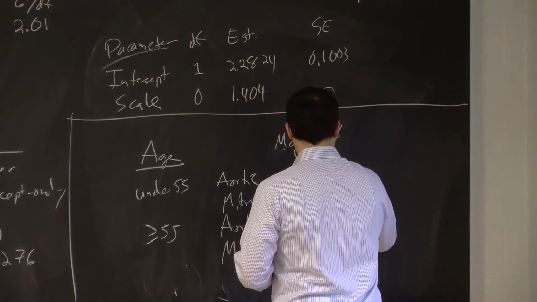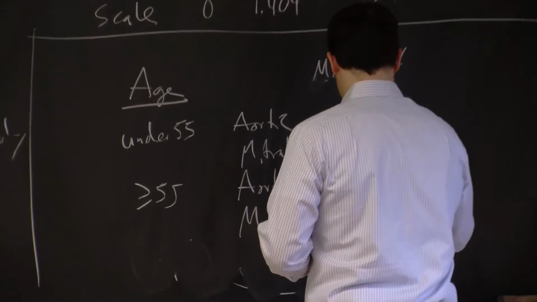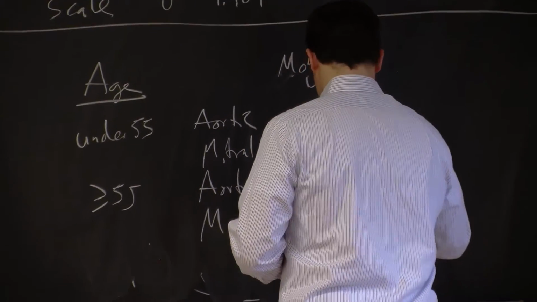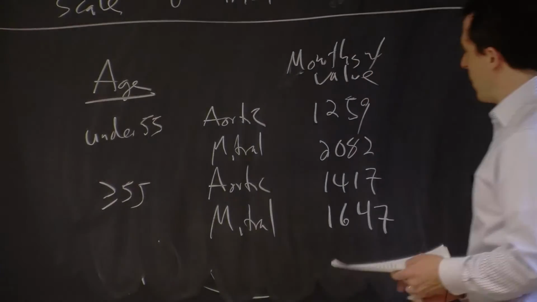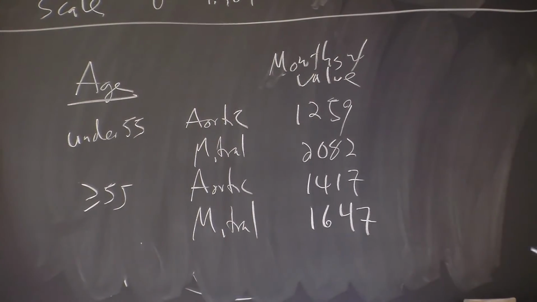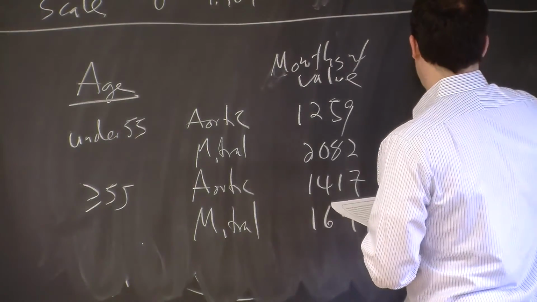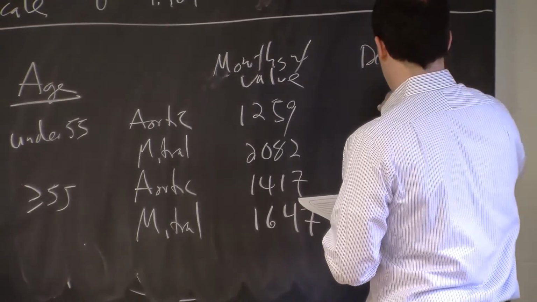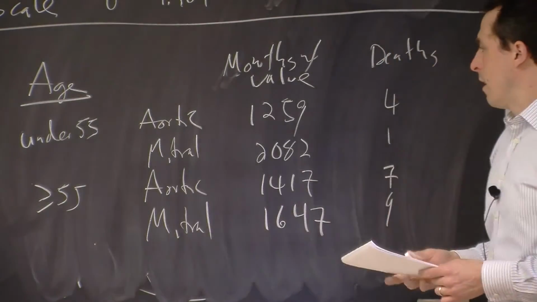And because of the way the data is collected, oftentimes we don't have any control over this type of thing, right? Or minimal control. Maybe we recruit patients to the study, but they have different exposure. We try to get it as close as we can, but we can't make that perfect. And then we have deaths. 4, 1, 7, and 9.